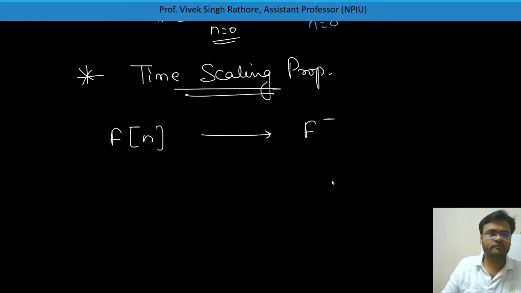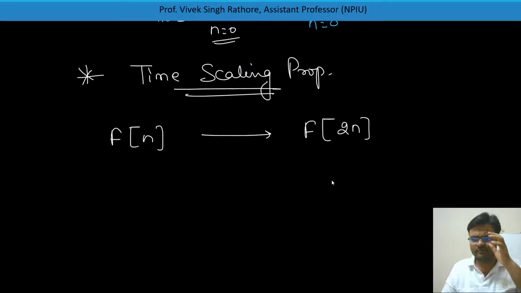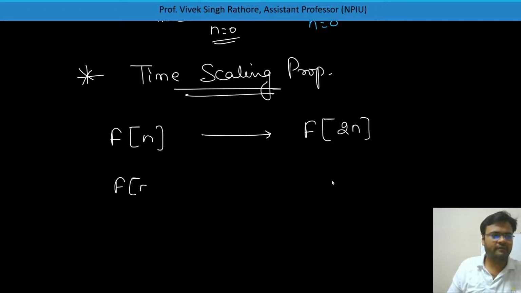Let's suppose we need to perform f(2n). Let's suppose your signal f(n) is 3, -1, 2, 2, 1, and the arrow will be at this point.